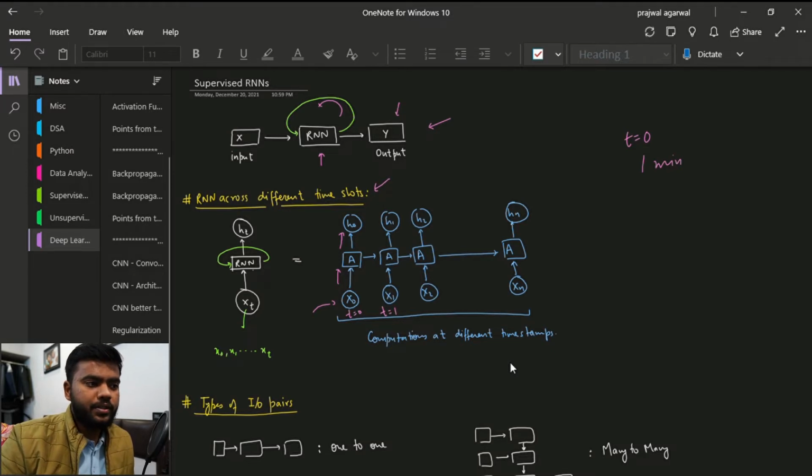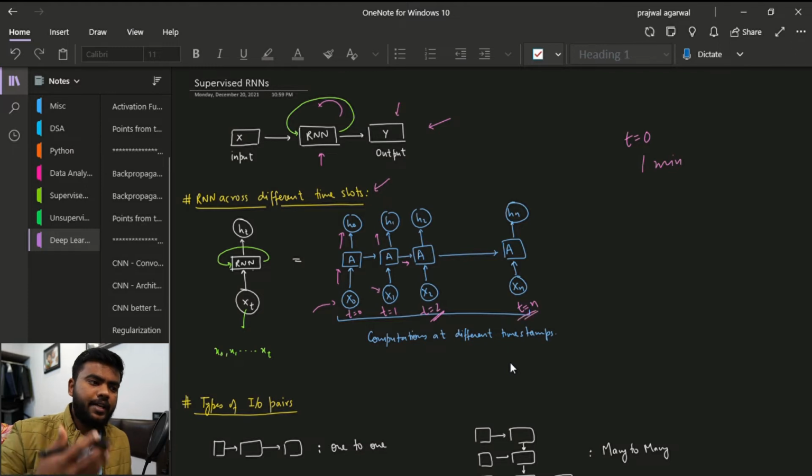So at t equals 1's computation, we have the new data, but we also have the data from the previous computation. Then it once again computes, and this data of t equals 1 and t equals 0 is transferred to the computation of data at t equals 2, and this keeps on happening infinitely.